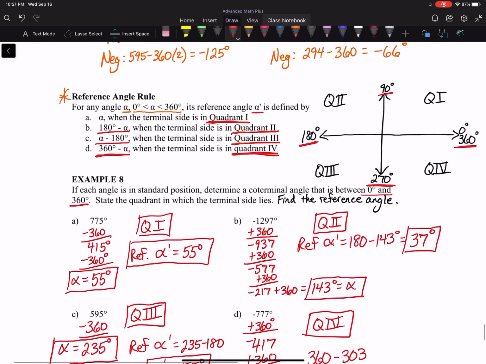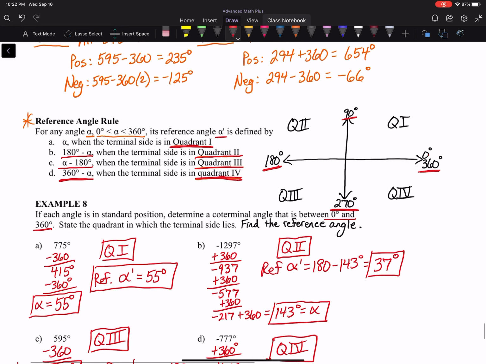These reference angles are not that hard if you draw them, okay? So like this would be alpha. You always make the angle with the x-axis. See how my vertical line goes straight down to the x-axis? If it's in quadrant 2, it's going to be over here, and it's going to be 180 minus the angle.